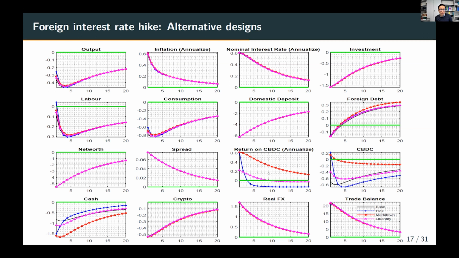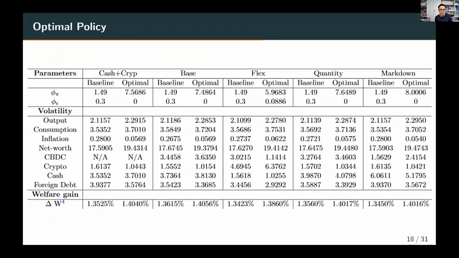So how about optimal policy in the presence of CBDC? We do it by optimizing the response of the Taylor rule to inflation and exchange rate across the different versions of the model.